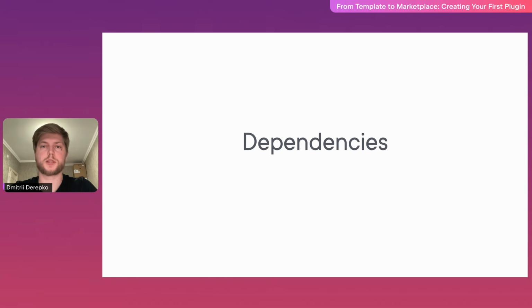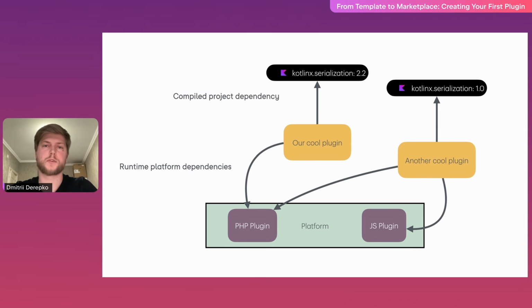A bit more about dependencies. In IntelliJ IDEA, almost all features are made by plugins. Some of them from JetBrains, some of them from external contributors like me and you. There are several types of dependencies, platform dependencies and project dependencies.